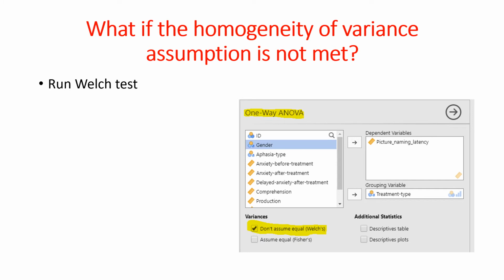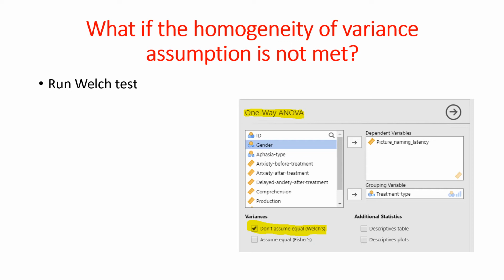What happens if the homogeneity of variance assumption is not met? Again, you need to run a different test, which is the Welch test. You remember, in the t-test, we had this type of test. If the assumption was not met, we ran a Welch test. It's the same in ANOVA.